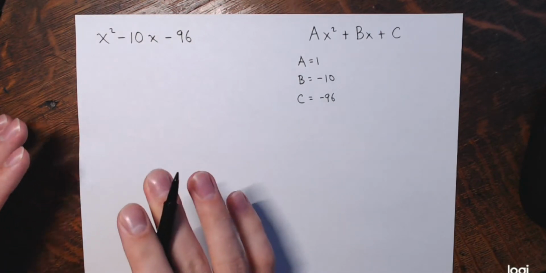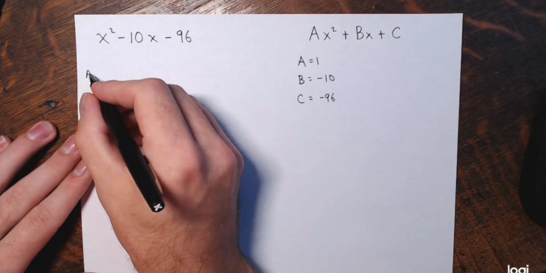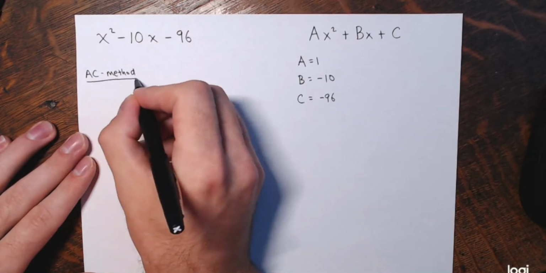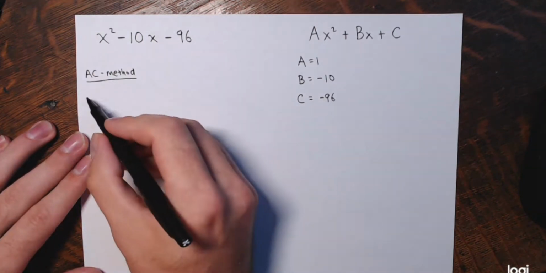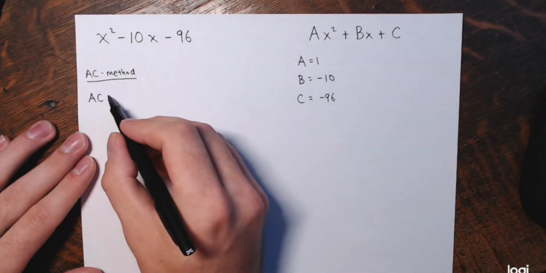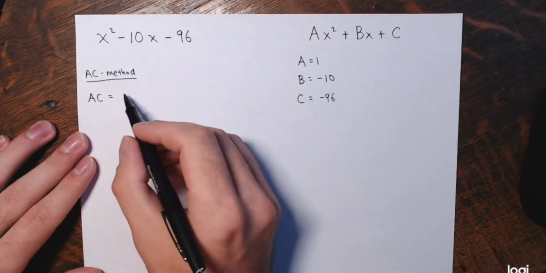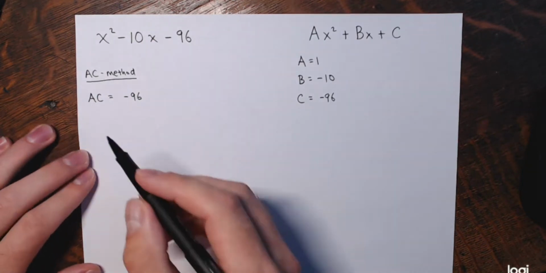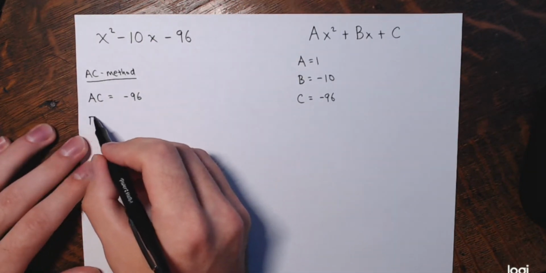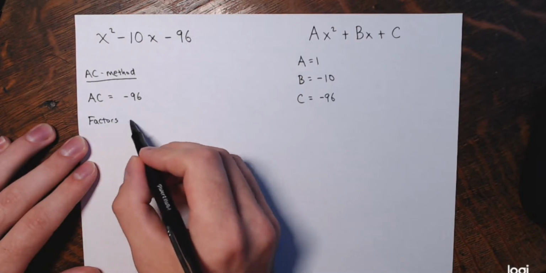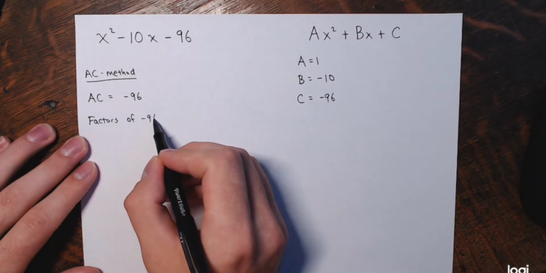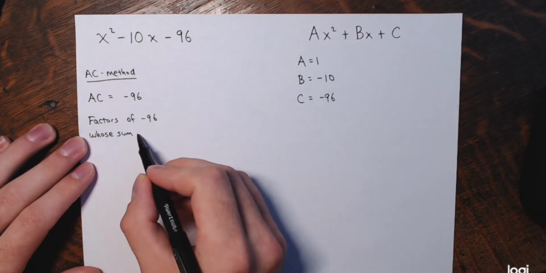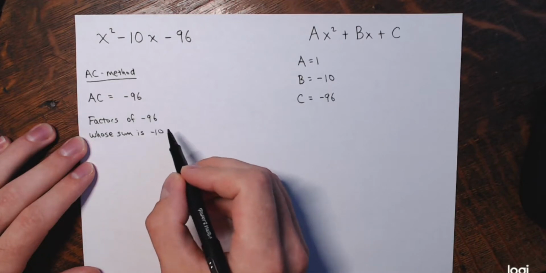So, you could still do the AC method. That method I did with the last example, and nothing changes. Right? You could still do this. So first take a times c, which is just negative 96, right? Because anything times 1 is itself. And then we try to find factors of negative 96 whose sum is negative 10.